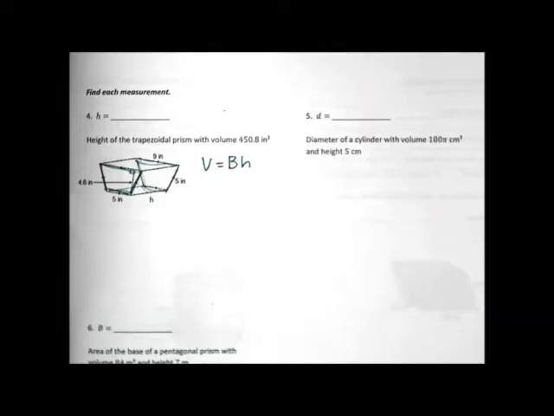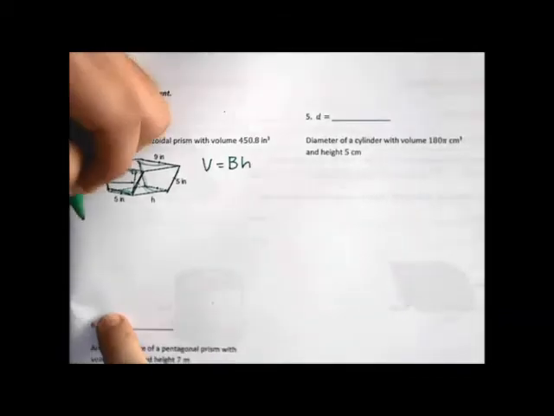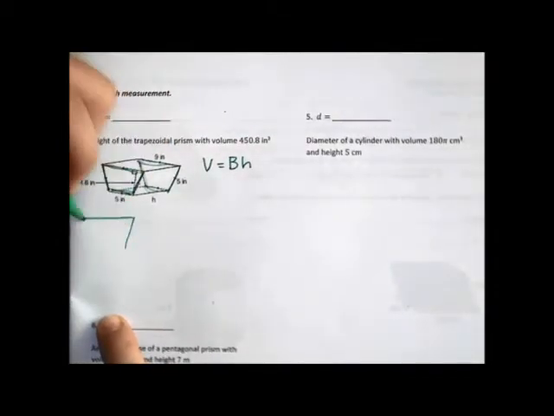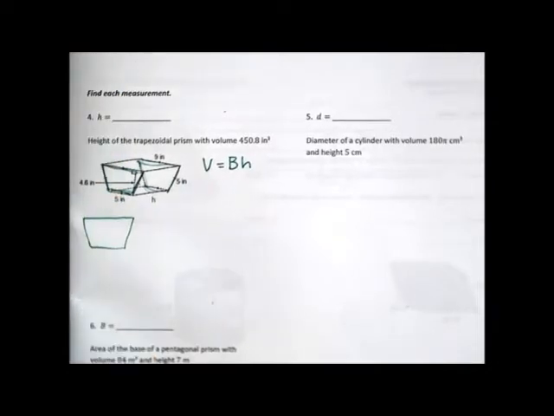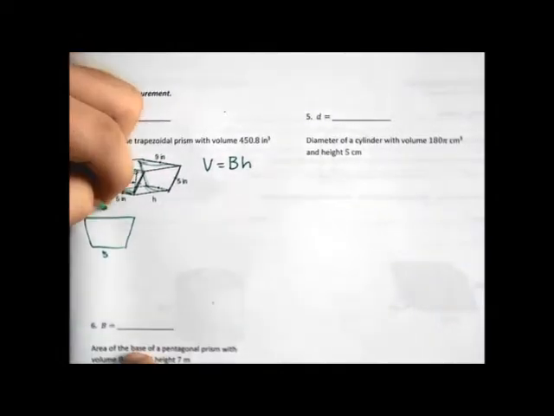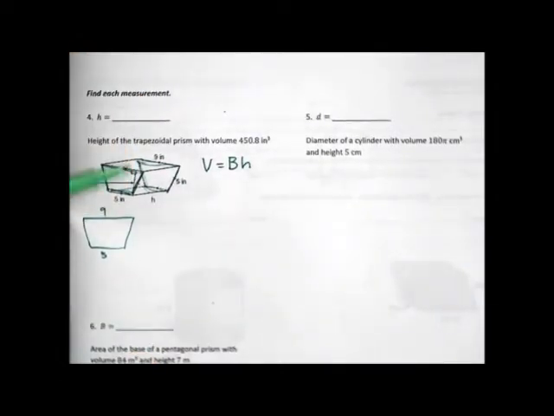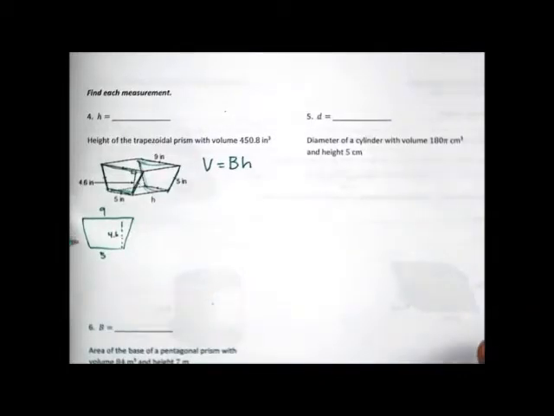So what I'm actually going to do, guys, is calculate the area of that trapezoid first. So I'm going to sketch it, maybe mark this. This I know is 5, and I knew my bigger base was 9. It also told me that the height of the trapezoid itself was 4.6. So I have everything I need to calculate the area of this trapezoid.